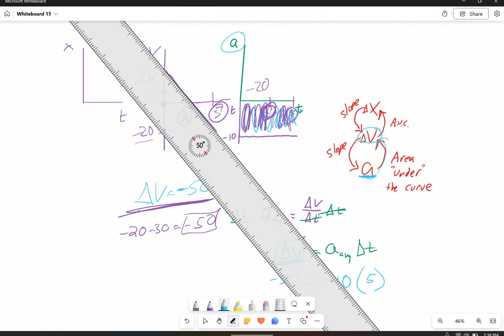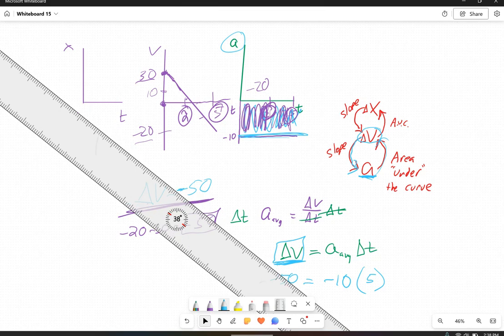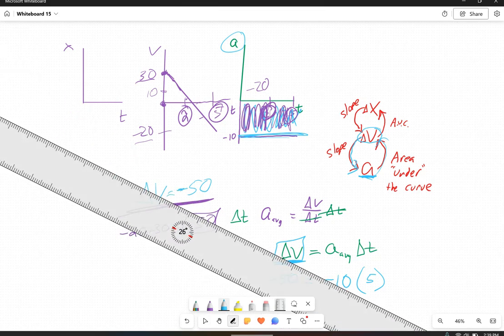Good. Constant negative, right? I know the slope of my velocity versus time graph gives me an acceleration. Is my acceleration a constant negative? Yeah. So it lines up, it matches. So I know that I did it right.